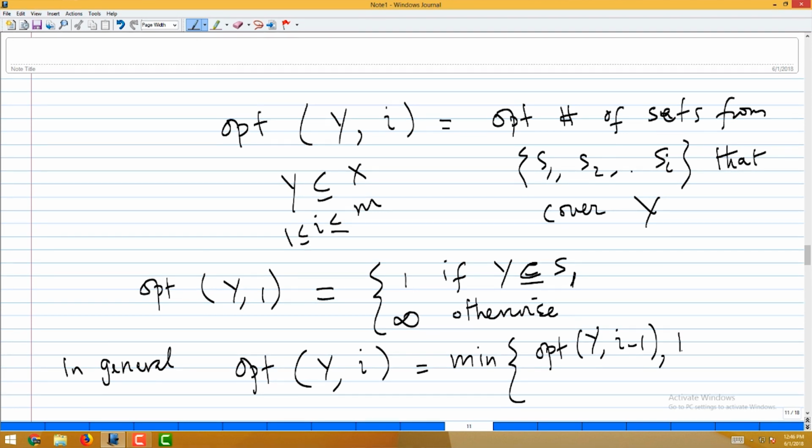So, it is 1 plus opt of Y minus Si with the first i minus 1 sets, because I do not need to cover Y now, only Y minus Si. Again I have computed it before, because in my table for every smaller i I have computed it for every subset. So, in particular Y minus Si is also there.